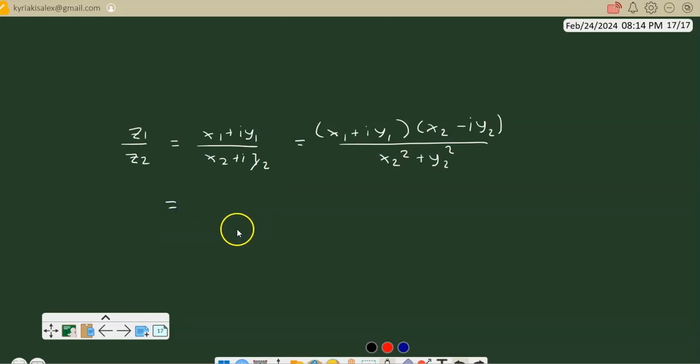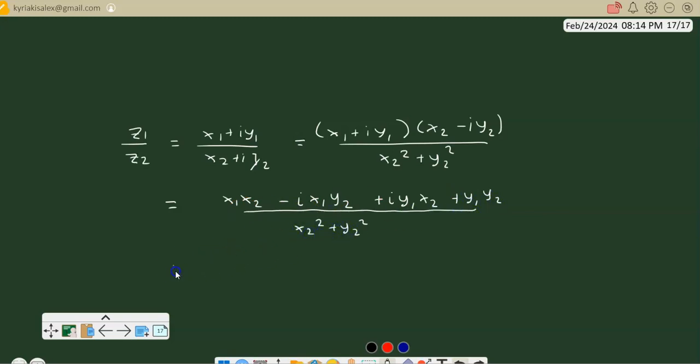So we have to take the real and the imaginary part, so it's x1 x2 minus i x1 y2 plus i y1 x2 plus y1 y2 divided by x2 squared plus y2 squared.